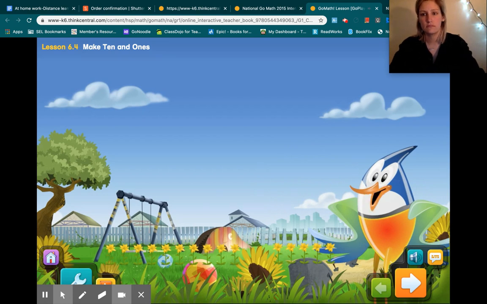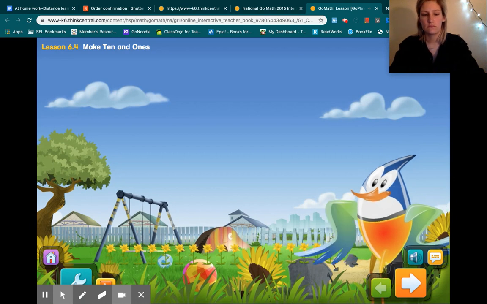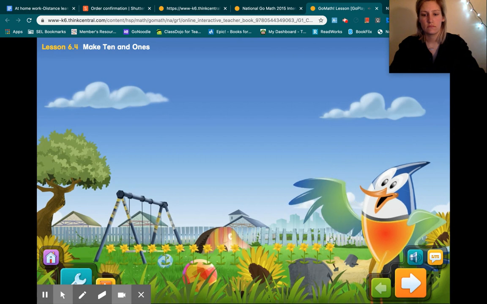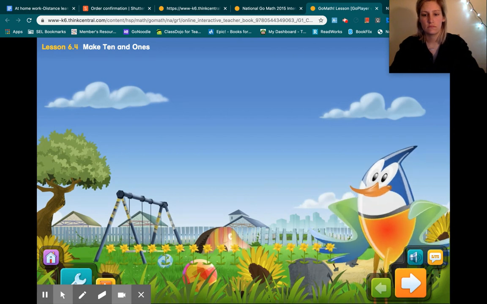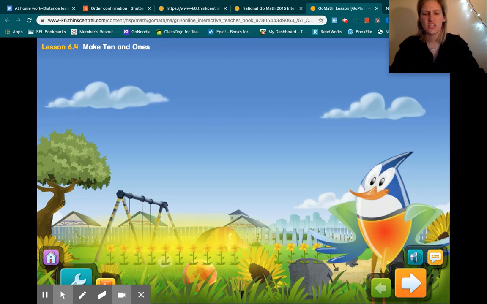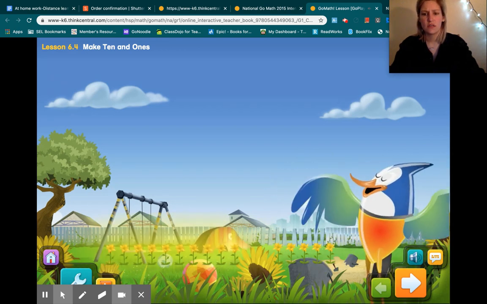Oh, look! Someone has been planting more flowers in the garden. 15 to be exact. But how do we know that there are 15? Click the long row of flowers. So let's look at these yellow flowers.